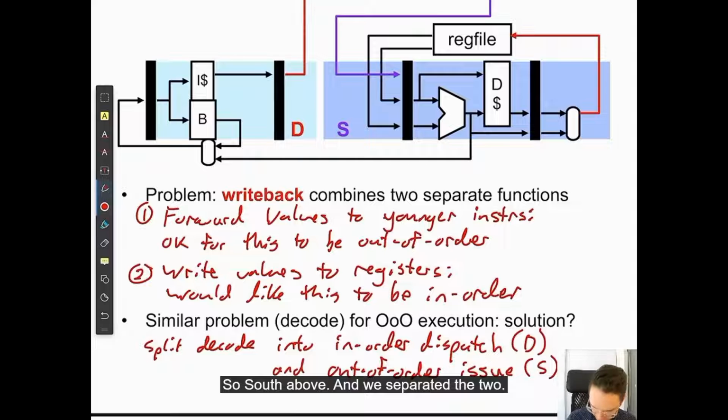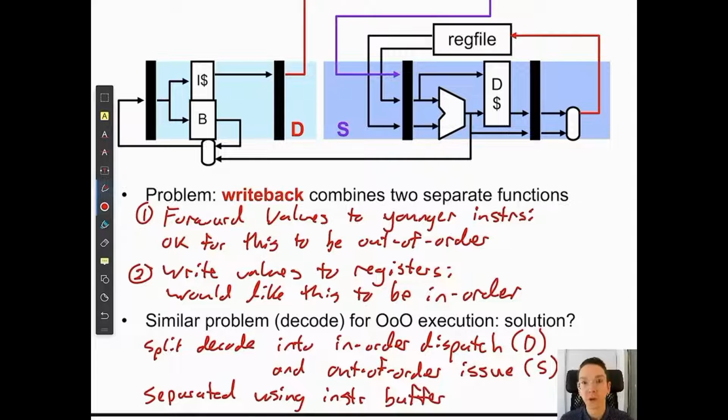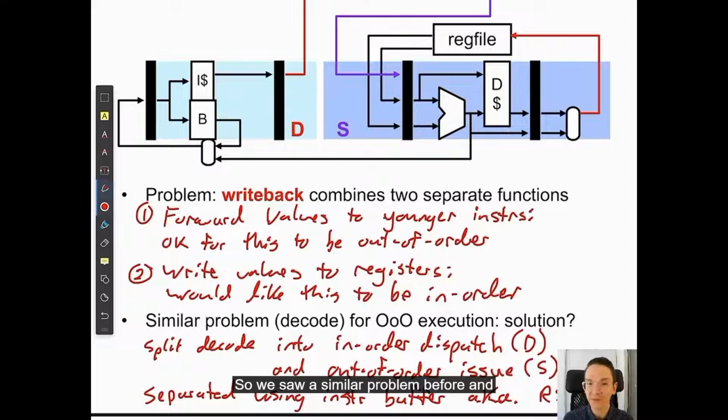And we separated the two stages using that conceptual, abstract instruction buffer, which was implemented in the Tomasulo algorithm as reservation stations. So we saw a similar problem before and solved it by separating into two stages, one in order, one out of order, using some on-chip storage to buffer intermediate results. You can expect to see the same very soon in the next video.